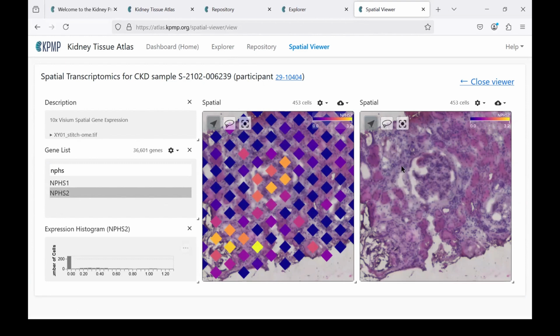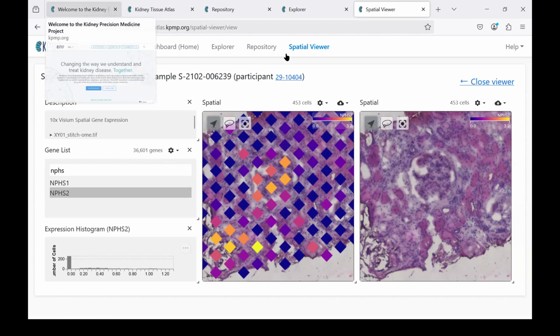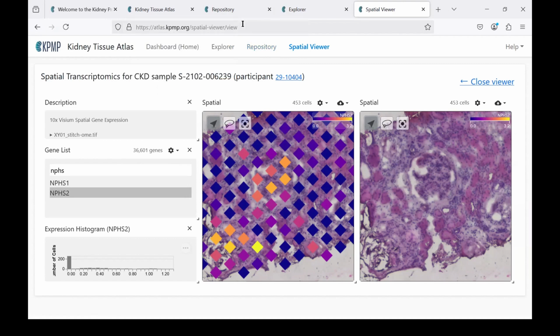And that's how you can quickly explore those spatial technologies to see if any gene or any protein that you identify is spatially distributed in a particular region, close to injury or close to fibrosis, and also, for instance, a protein in CODEX, and so on. So essentially, this is what you can find on the KPMP Atlas.